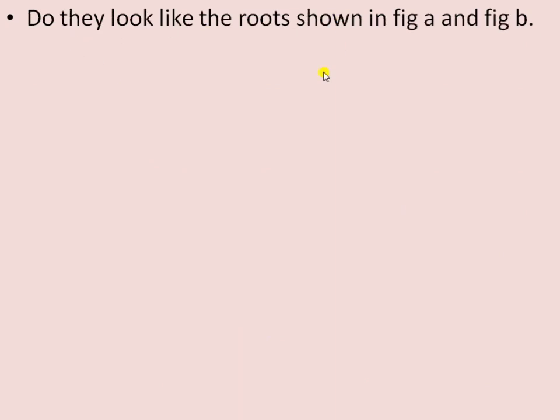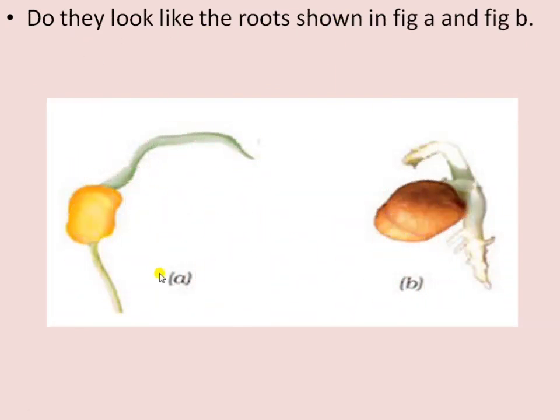So the question is, do they look like the roots shown in figure A and B? Tell me about the roots of the maize plant. Which one is the root of the maize plant and which one is the root of the gram plant? Okay.